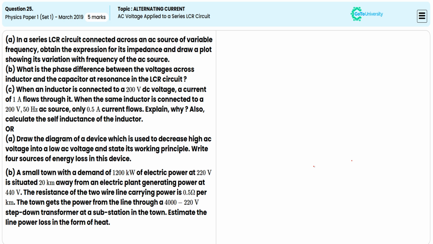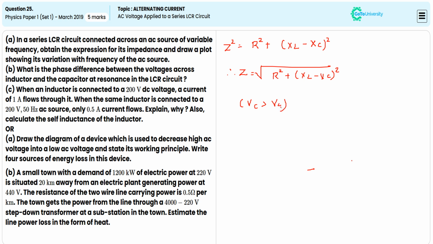Then Z square is equal to R square plus (XL minus XC) whole square. Therefore, we can write Z is equal to under root of R square plus (XL minus XC) whole square. Here we take VC greater than VL.